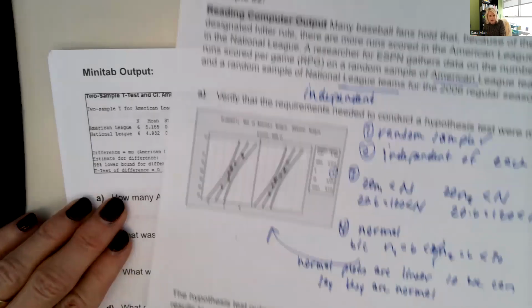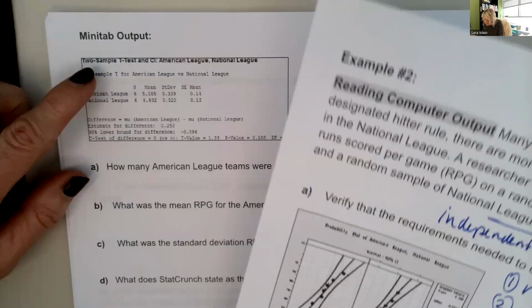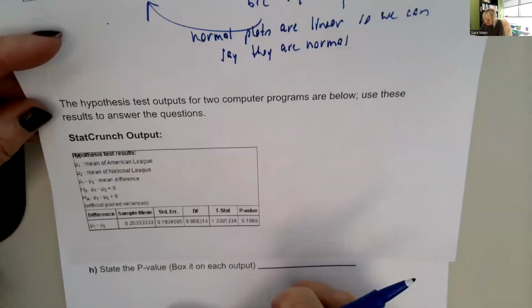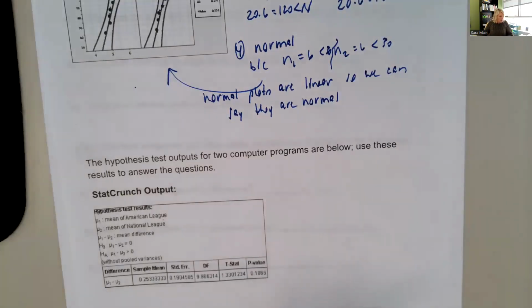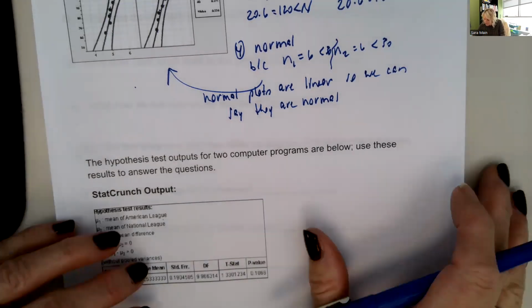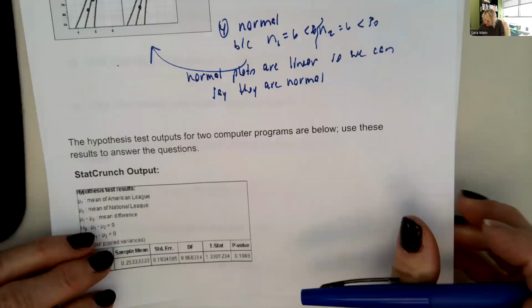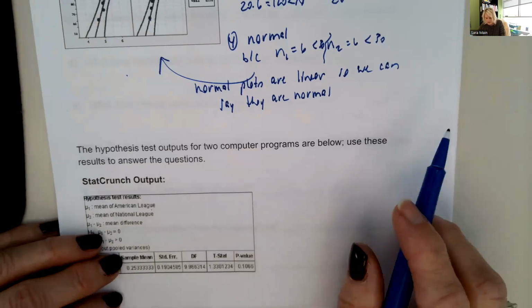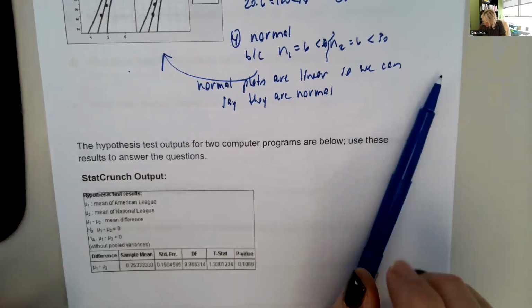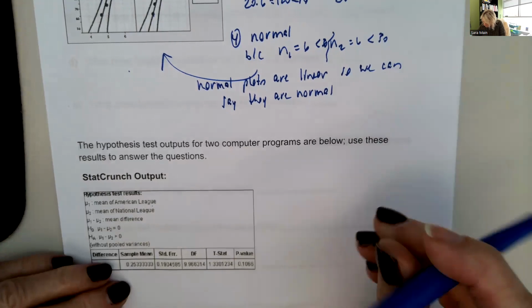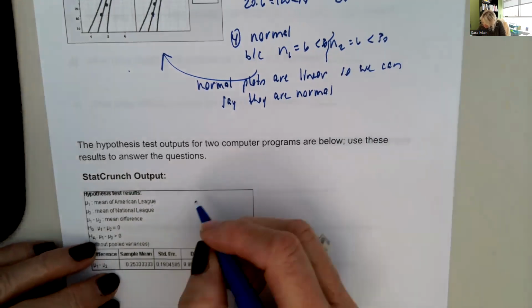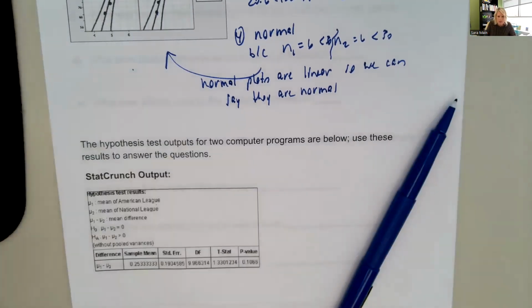There's the StatCrunch output over here and the Minitab output. So when we're looking at two population means with unknown standard deviations, we are going to have a hypothesis statement of either the means are equal to each other.